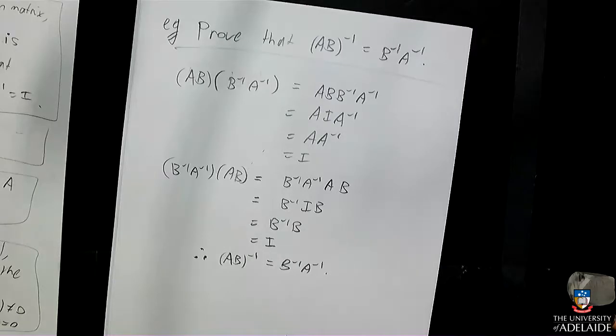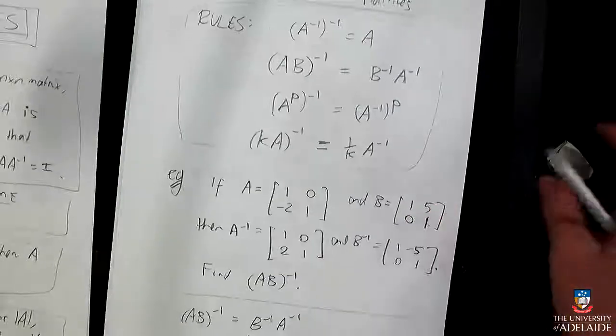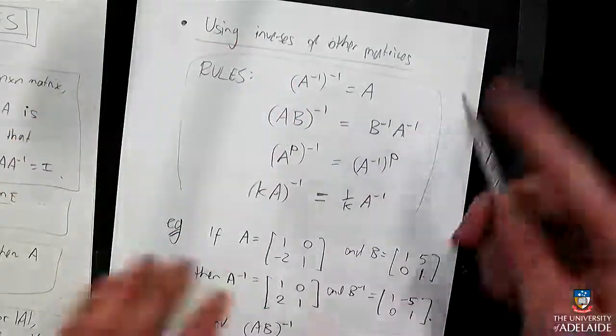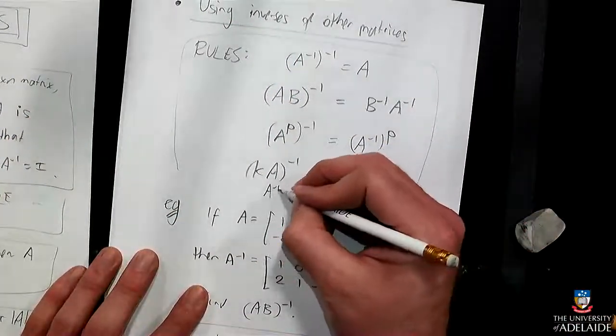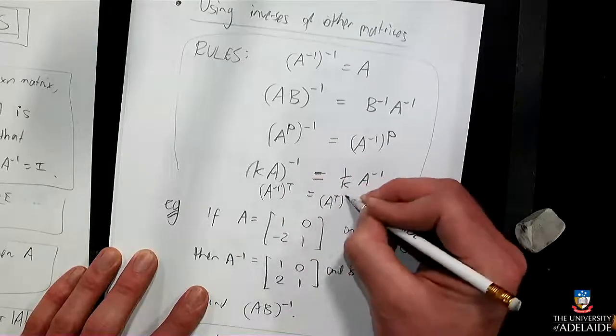So now I'm up to the last way of finding inverses. The way I just did there is more of an algebra sort of thing. Oh, I did miss a rule. I knew I'd forgotten one. Transposes is a thing we can do to inverses too. A inverse transpose is the same as A transpose inverse.